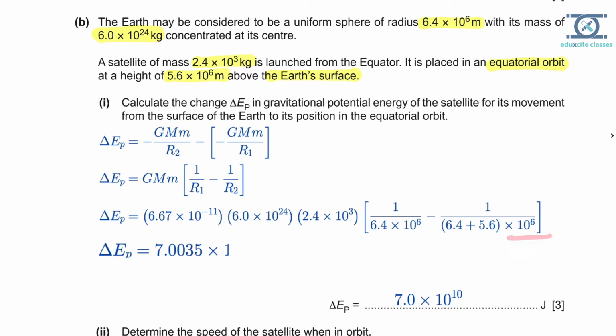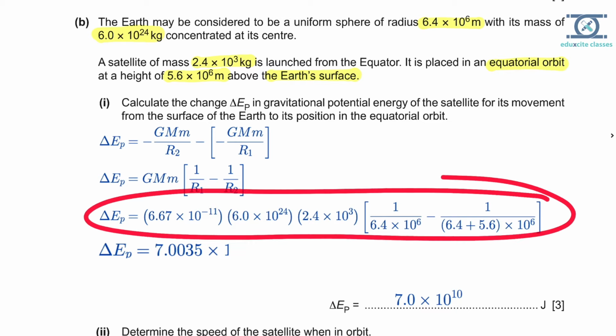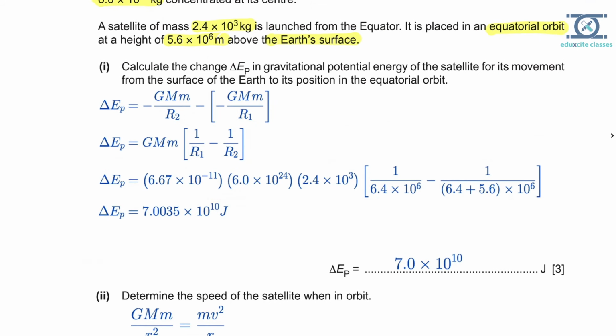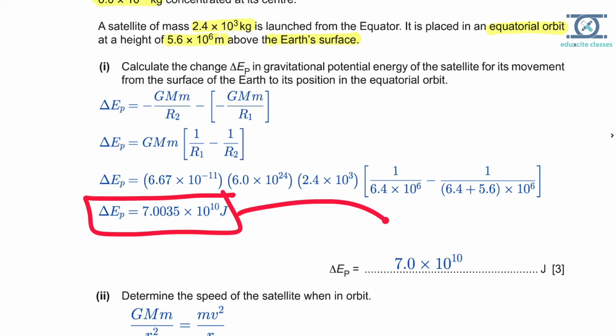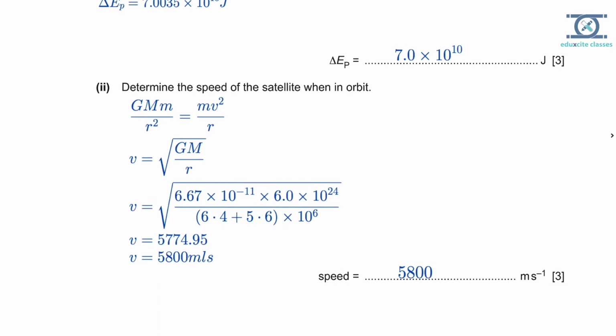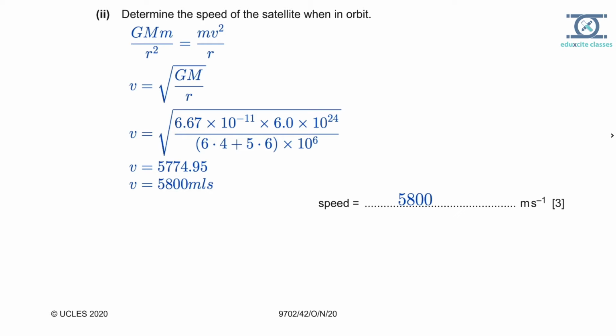So putting in all the values and calculating, you will get 7.0035 into 10 raised to power 10 joule, rounding off, 7 into 10 raised to power 10 joule.